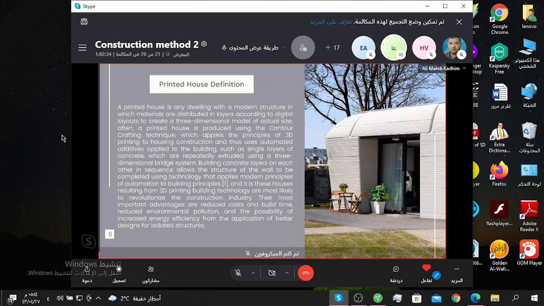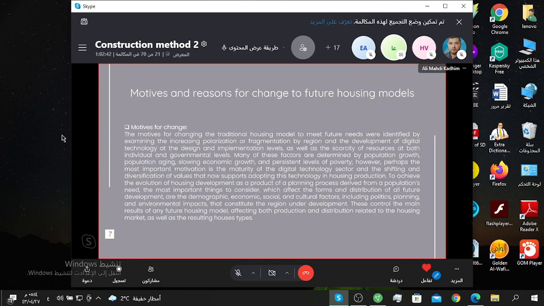Motives and reasons for change to future housing model. Motives to change. The motives for changing the traditional housing model to meet future needs were identified by examining the increasing polarization or fragmentation by region and the development of digital technology at the design and implementation levels, as well as the scarcity of resources at both individual and governmental levels.